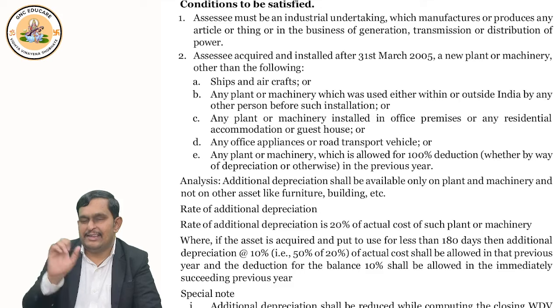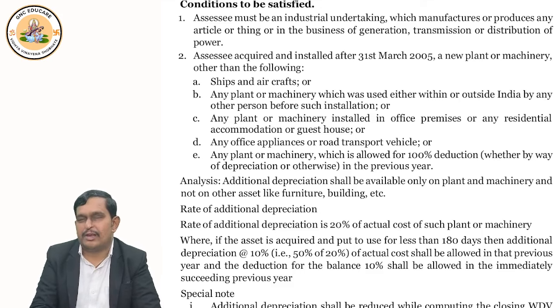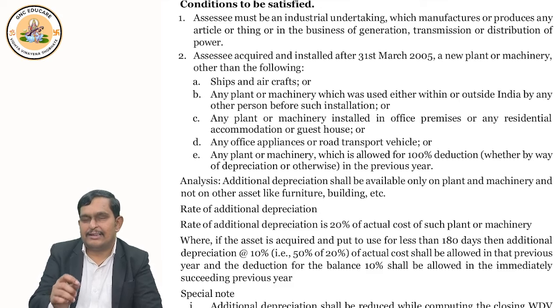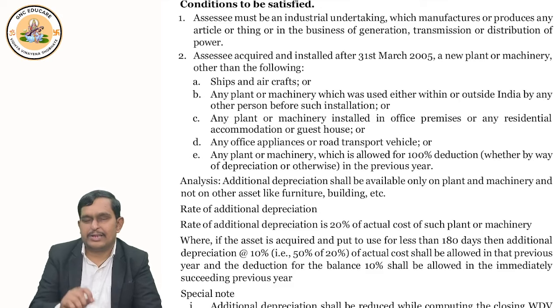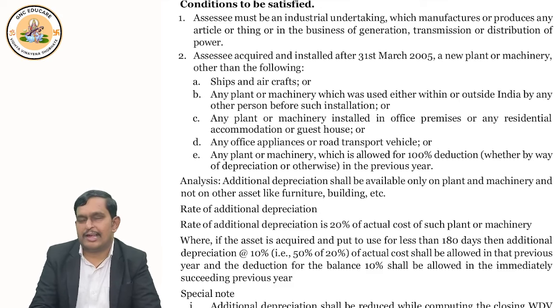Under 35AD, if it is a cold chain facility, cross-country pipeline for petroleum, inland container depot, something like honey bee keeping, or an infrastructure development project, there I'll get 100% deduction. If it is a hospital with 100 beds, a hotel with 2-star or more accommodation, there 100% deduction under 35AD.